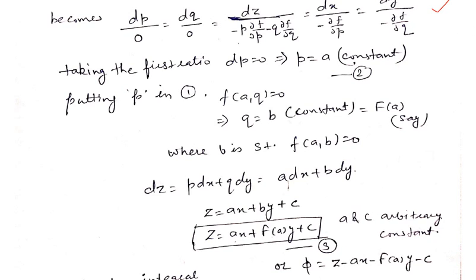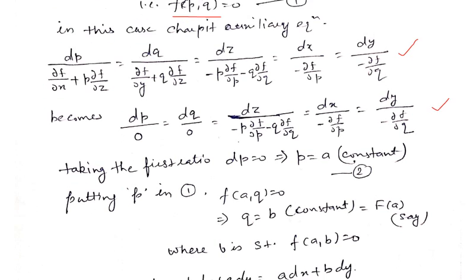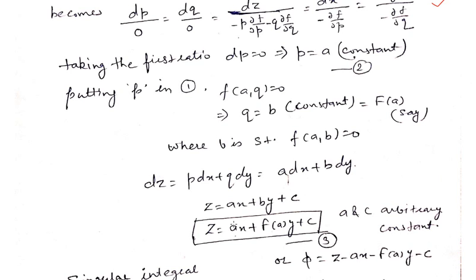It means if we are given an equation which is in terms of p and q only, that is, x, y and z terms are absent, its complete solution is always given in the form z equals ax plus by plus c, where b is some function of a. So the general procedure to find the complete solution is that first we check that the given equation is in terms of p and q only, or if reducible, convert it into terms of p and q.